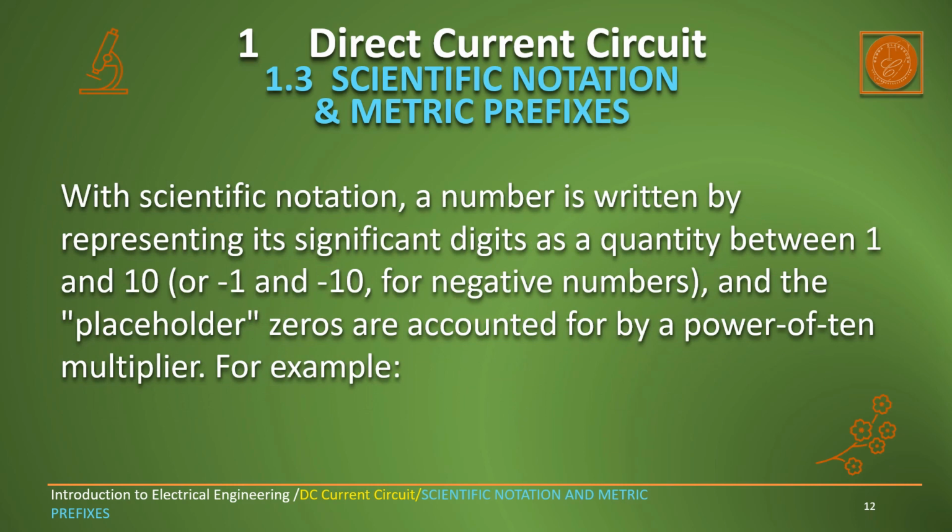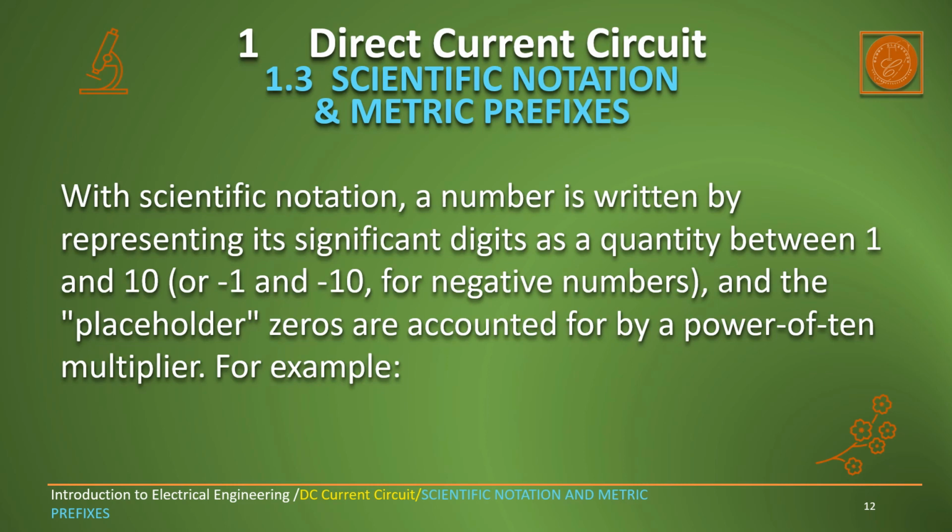With scientific notation, a number is written by representing its significant digits as a quantity between 1 and 10, or -1 and -10 for negative numbers, and the placeholder zeros are accounted for by a power of 10 multiplier.